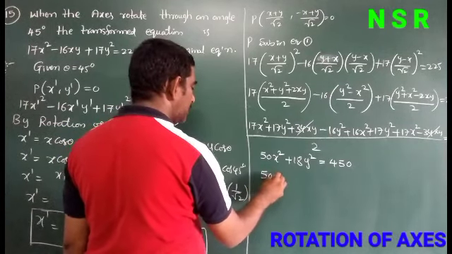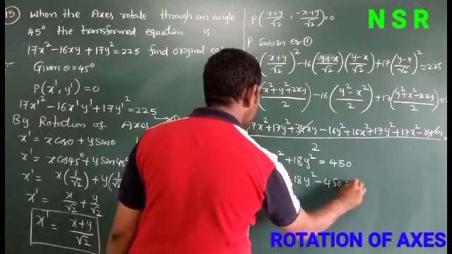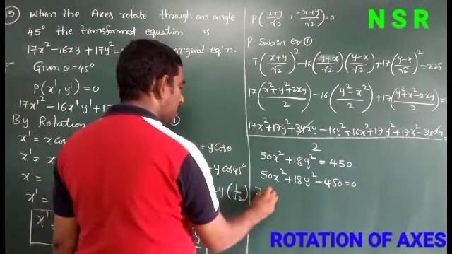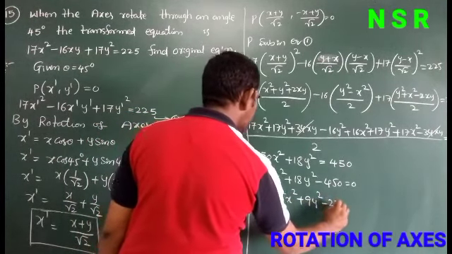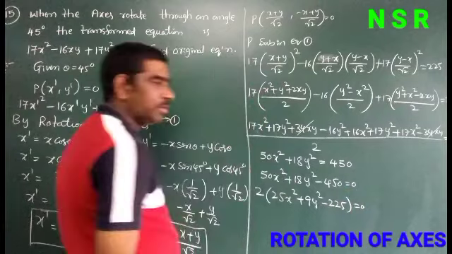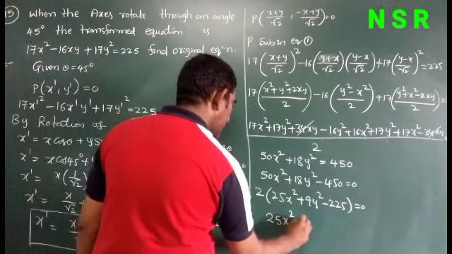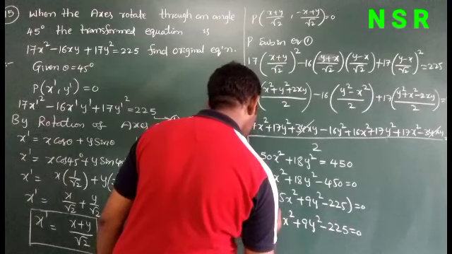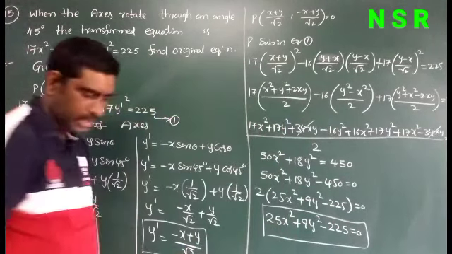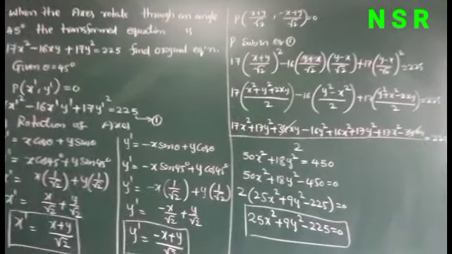Now 50x square plus 18y square minus 450 equal to 0. Take 2 as common here, and we get 25x square plus 9y square minus 225 equal to 0. The 2 moves to the other side, and 0 by 2 becomes 0. So we get the original equation: 25x square plus 9y square minus 225 equal to 0.